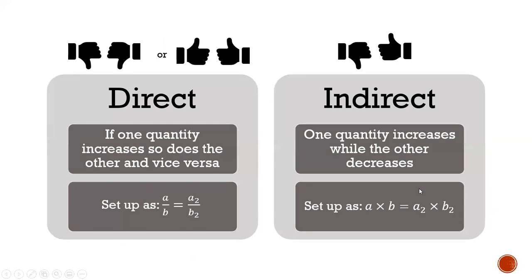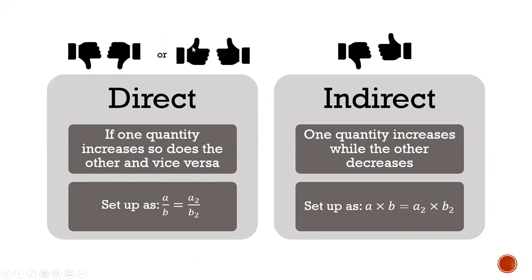So the last thing I want you to do, we're going to give you a quiz, and in your quiz you will have a mixture of direct or indirect, and you'll want to be able to identify which ones are which. So I always say, do the thumb test. If one quantity goes down and logically the other quantity would also have to decrease, you know you have a direct relationship.